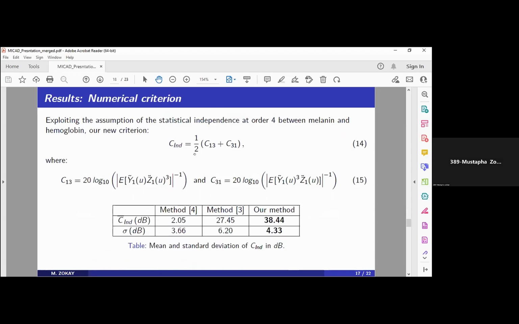So we use the second numerical criterion, exploiting the assumption of statistical independence between melanin and hemoglobin, as presented in this equation. Using this criterion, we can see from this table that our method is very performant compared to methods 3 and 4, since our method provides as output estimated sources that are more independent than the sources estimated using methods 3 and 4.